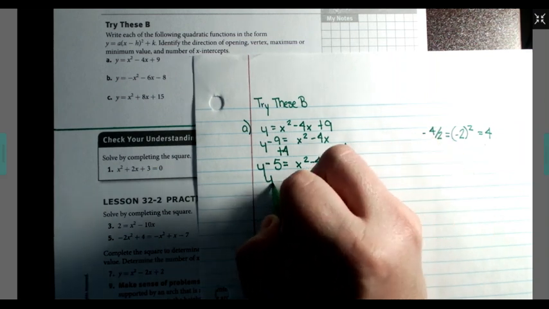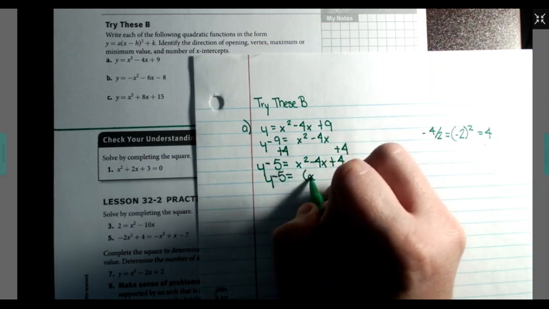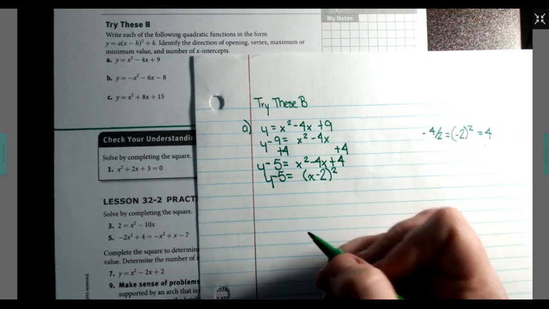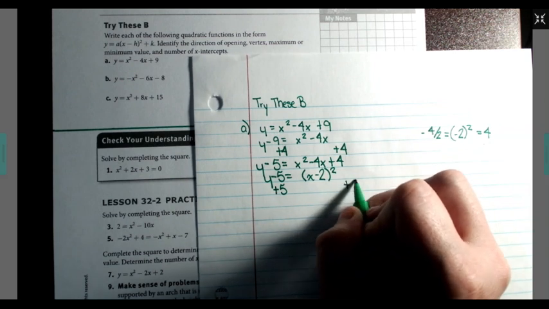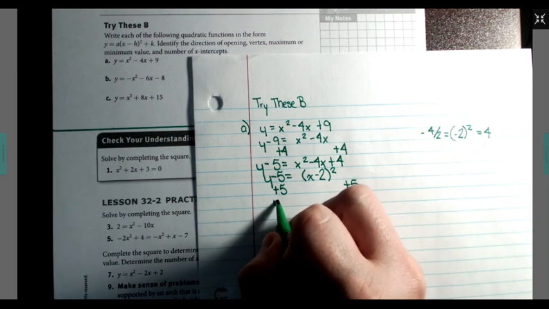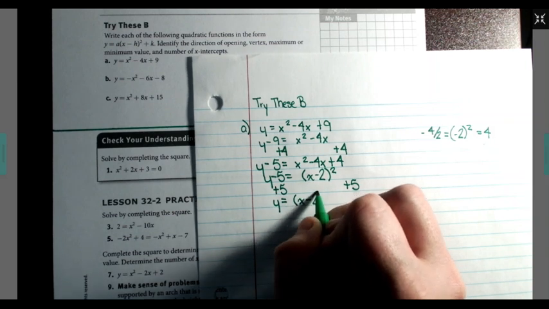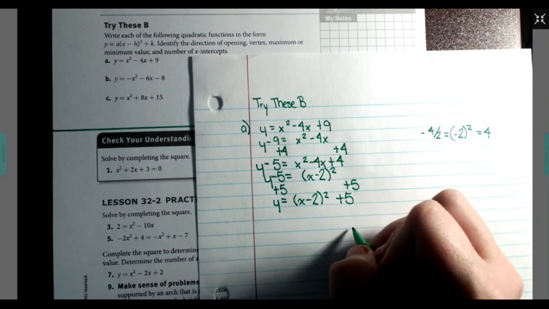So we would write this as y minus 5 equals (x minus 2) to the second power. That's the perfect square. Now we add 5 to both sides. So y equals (x minus 2) to the second power plus 5.